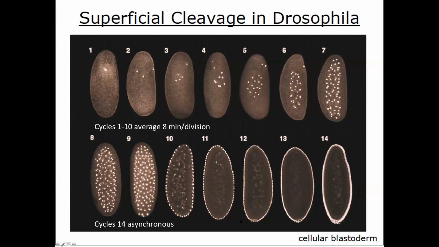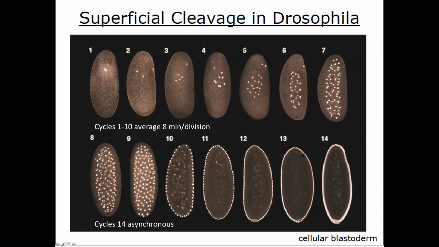And from here, from stage 12 onwards, what is going to happen is this process called cellularization. So until now, nothing is divided as single cells. You have the yolk, and you have the nuclei surrounding it now.